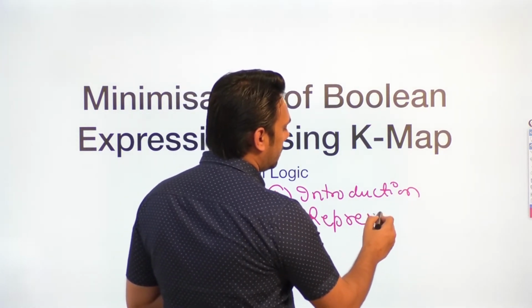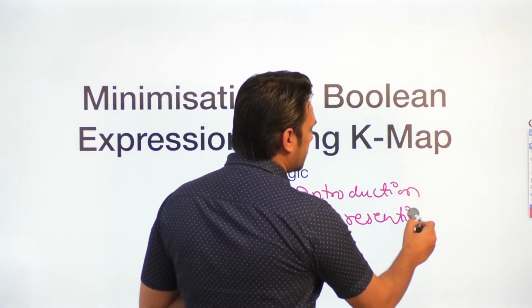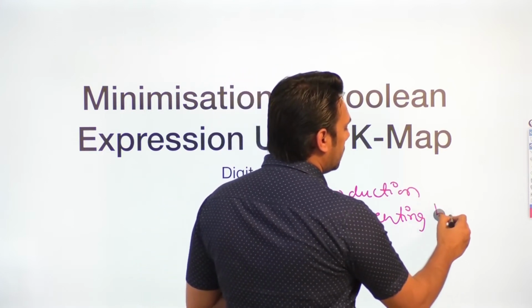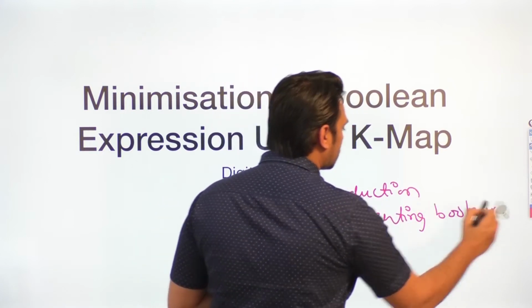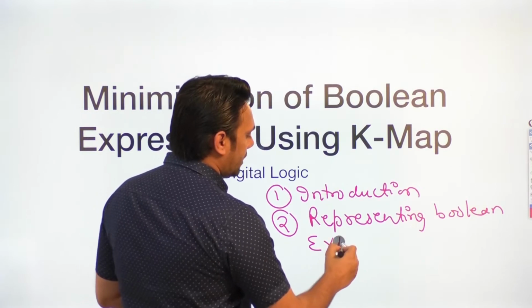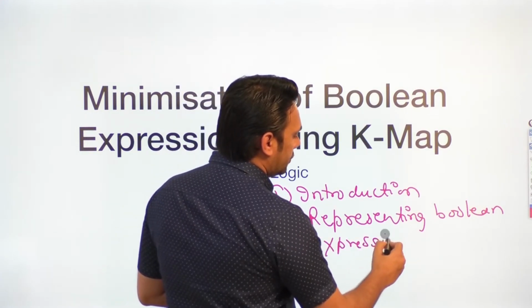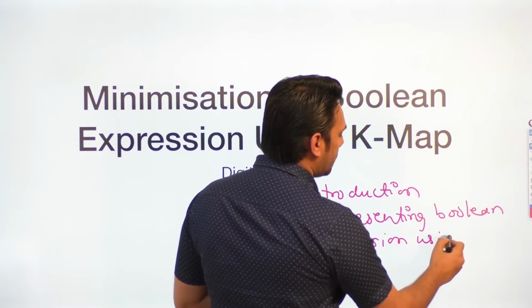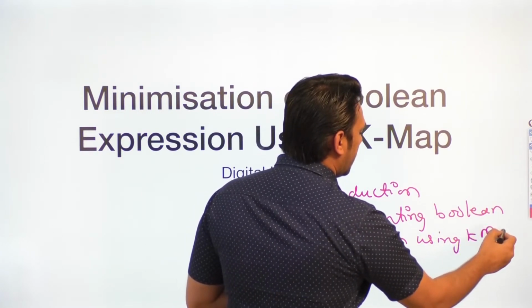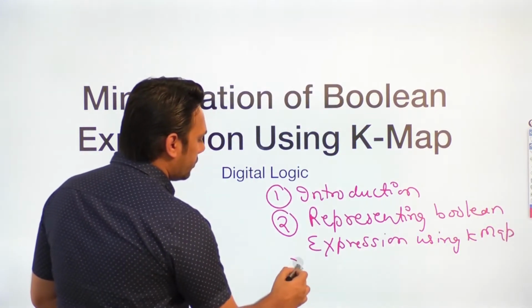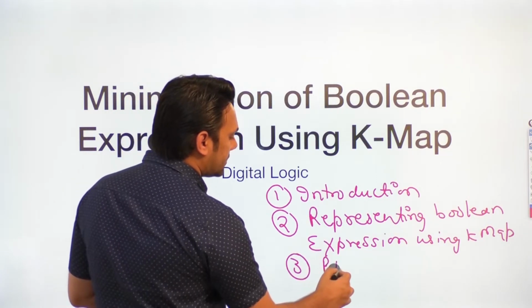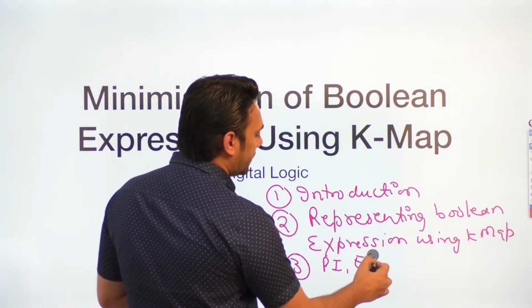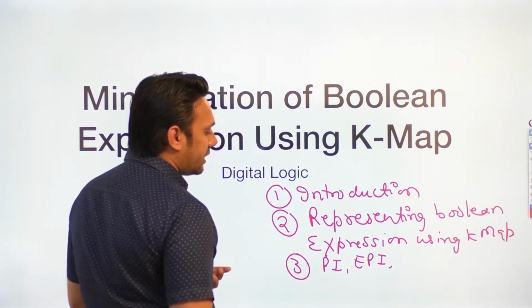Representing the functions using K-map, or you can say representing Boolean expressions using K-map. And third, we are going to look at what are the prime implicants, what are essential prime implicants, and what are just implicants.